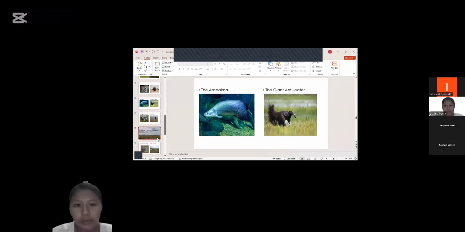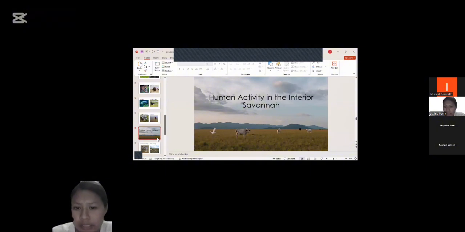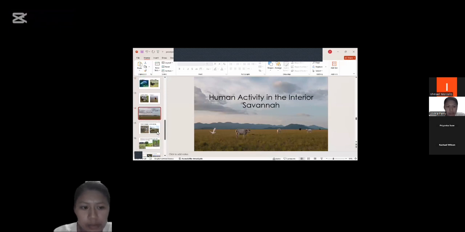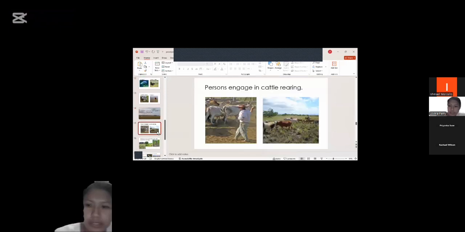And then we will move on to the human activities that people usually engage in in the interior savanna. Like at the beginning, we said that persons do cattle rearing. And here we have more pictures. Who do you think are these people that we see in these pictures? Vaqueros.